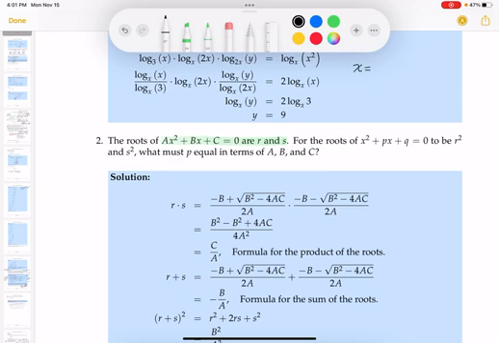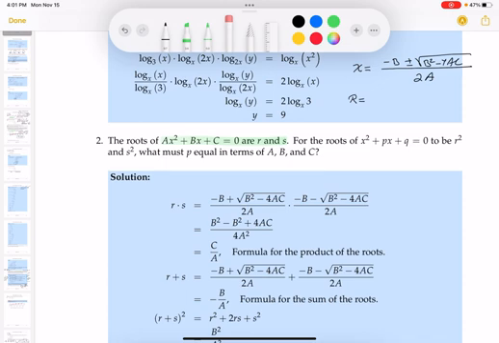X equals, let's see, minus b plus or minus the square root of b squared minus 4ac over 2a. So I'm going to say, r and s. So I might want to say, I'll use this letter r, by the way, because I have a hard time writing the other r.